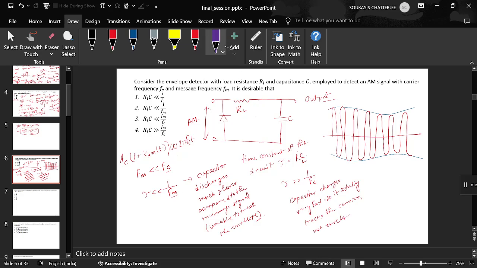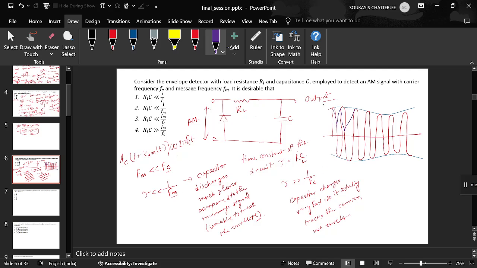So in this scenario, the capacitor will charge and discharge very fast. So it will happen something like this. So essentially it's going to track the carrier, not the envelope itself. So these two are undesired scenarios.